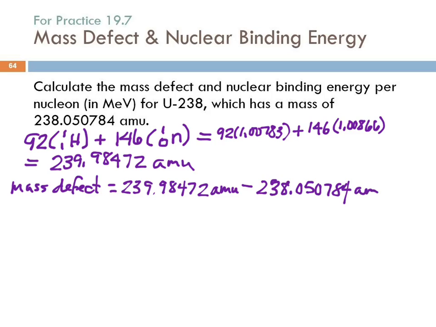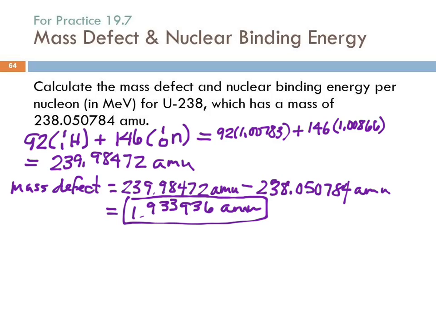Now, for an exam, you do not have to memorize the atomic mass of a neutron and a hydrogen atom. That's just dumb. But this isn't an exam, and so we are expected to go look it up. So 1.933936. That's almost 2 hydrogen atoms. Okay, so that's the mass defect.